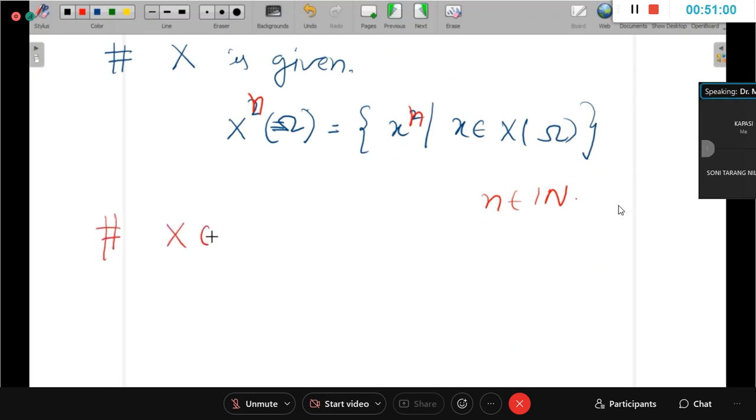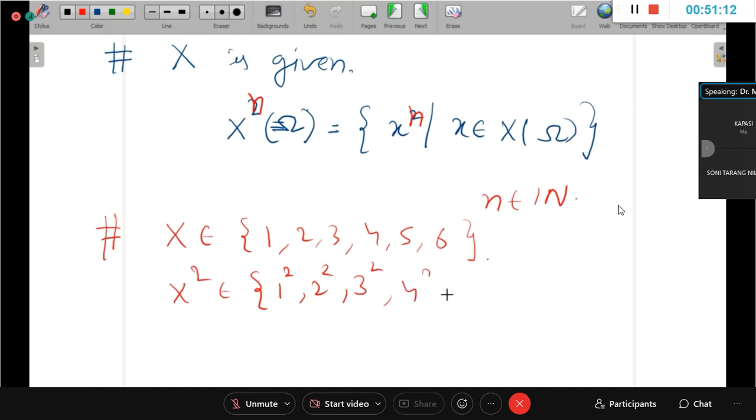So for the above case, when x belongs to 1, 2, 3, 4, 5, 6, then x square belongs to each one squared: 1 square, 2 square, 3 square, 4 square, 5 square, 6 square. That is nothing but 1, 4, 9, 16, 25, 36.